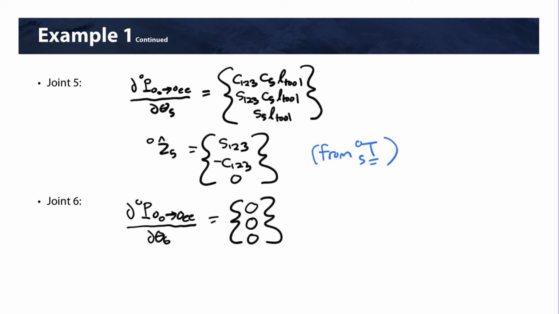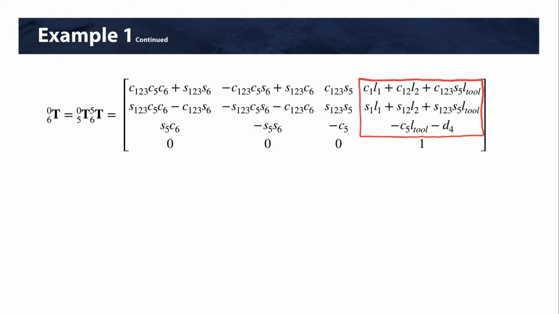All right, we still need our joint direction, Z6. We're going to get that from T06. All right, our forward displacement, there's T06. So we need our joint direction, which is that.